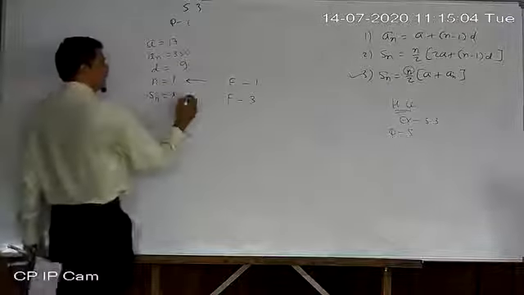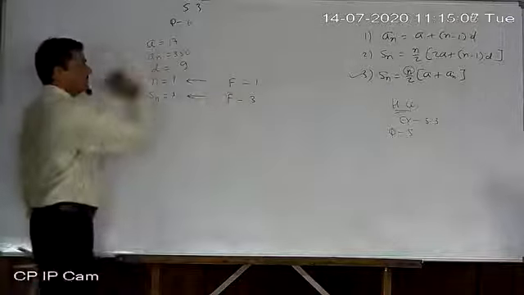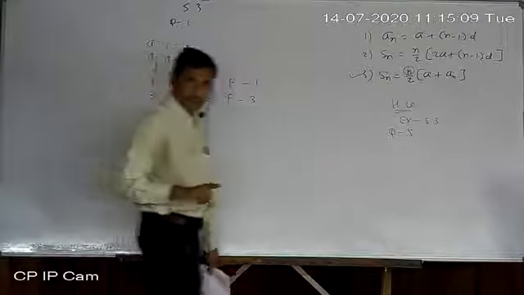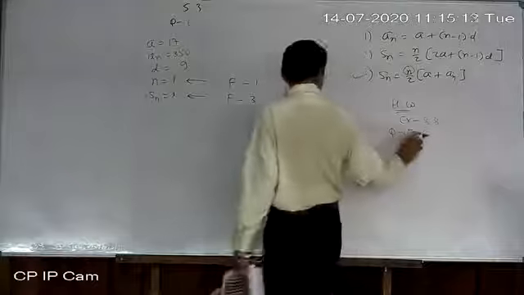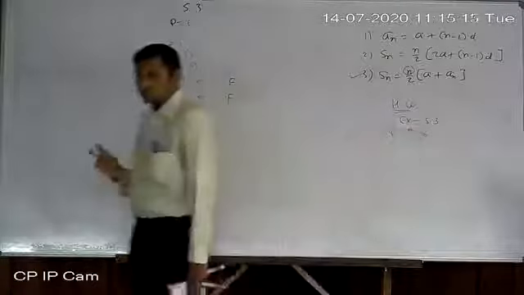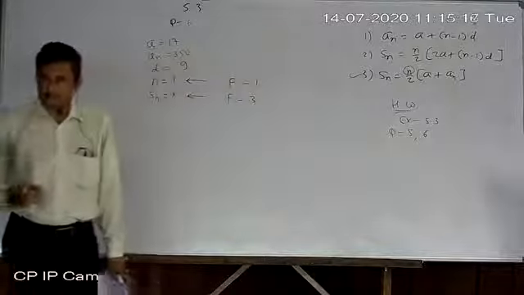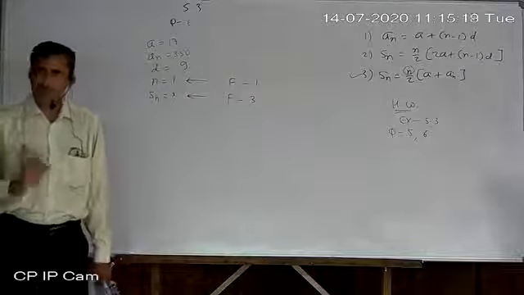So here 1 and 3 in question number 6. I am giving you a hint also, and you can decide it yourself also. It is not compulsory to give a hint in each and every sum. You can decide it.